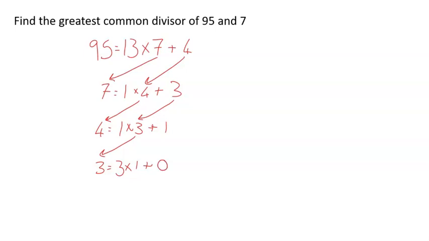Now, what does this mean here? Well, this means that there is a greatest common divisor. So from this, I'm able to say that the greatest common divisor of 95 and 7 is equal to 1 in this case. There are no other factors that 95 and 7 share.